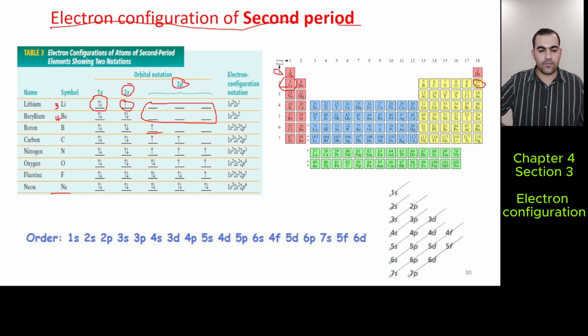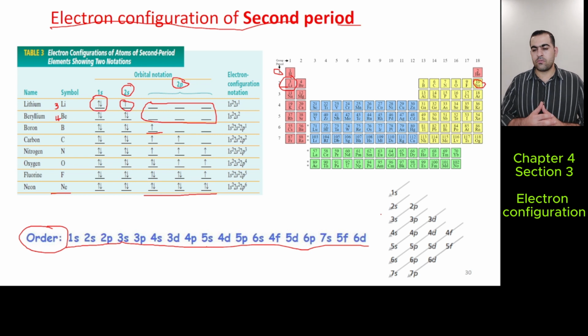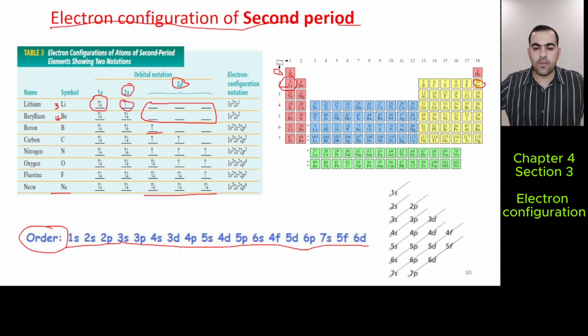For neon, it is 1s2, 2s2, 2p what? 2p6. All the p orbitals are filled in neon. Okay? Here, you must know this order. If you don't know this order, in the exam you can use that way. It also helps you to know the order.